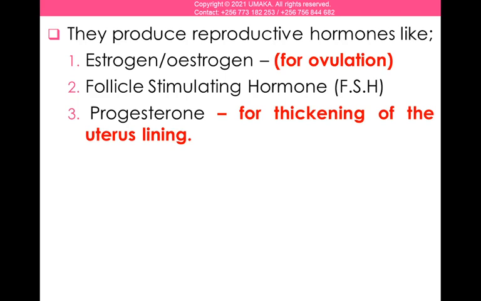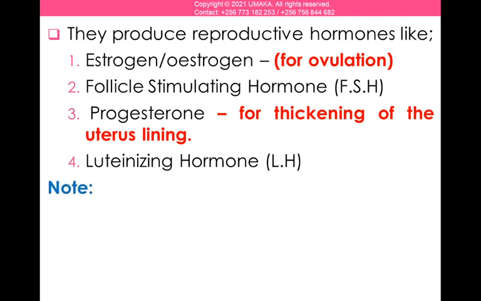So when fertilization takes place and the zygote is formed, this progesterone hormone produced by the ovaries rushes very fast to go to the uterus and causes the thickening of the uterus lining. We also have other hormones like luteinizing hormone, which is also produced by the ovaries, and many others. I've just brought few.